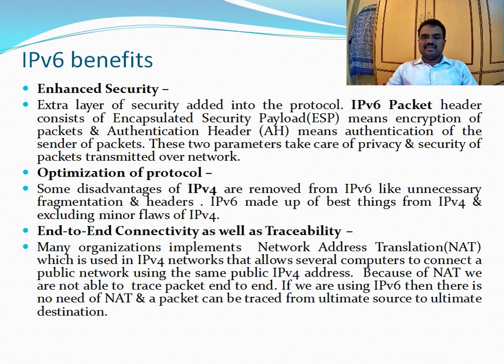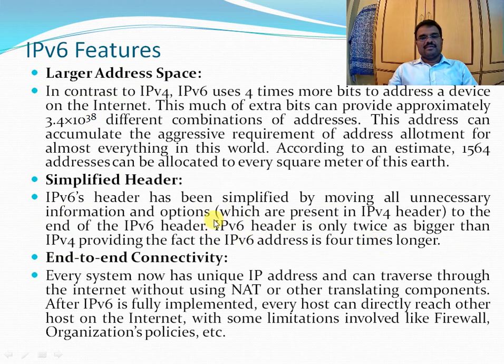Because of NAT, we are not able to trace a packet end to end. If we are using IPv6, then there is no need of NAT, and a packet can be traced from ultimate source to ultimate destination. These are the three benefits of using IPv6: enhanced security, optimization of protocol, and end-to-end connectivity as well as traceability.